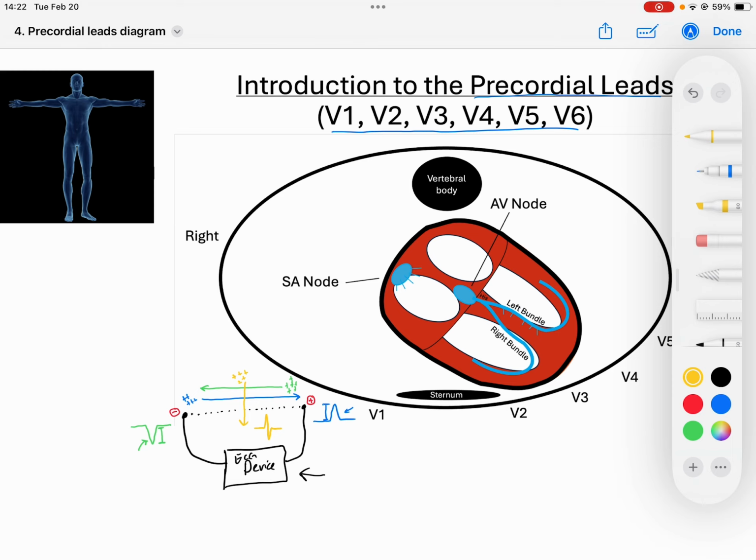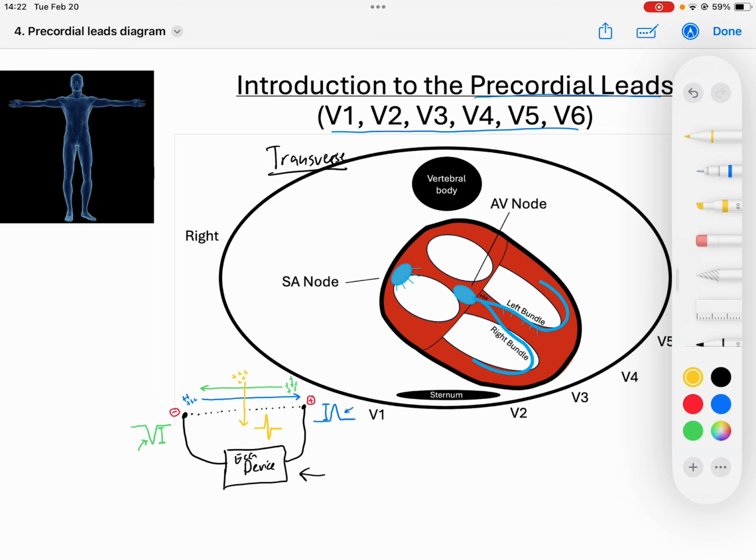You'll notice that the precordial leads are measuring forces on a transverse plane, and a transverse plane means a slice through the body horizontally.